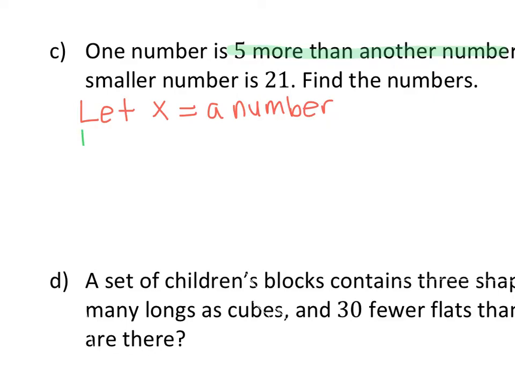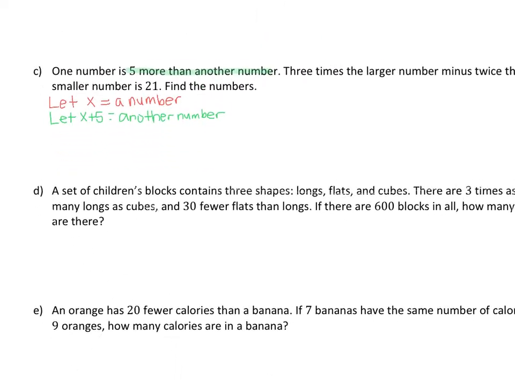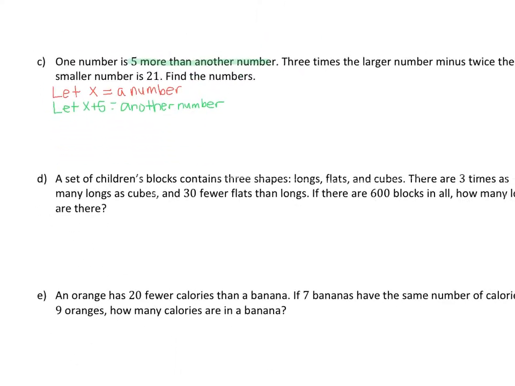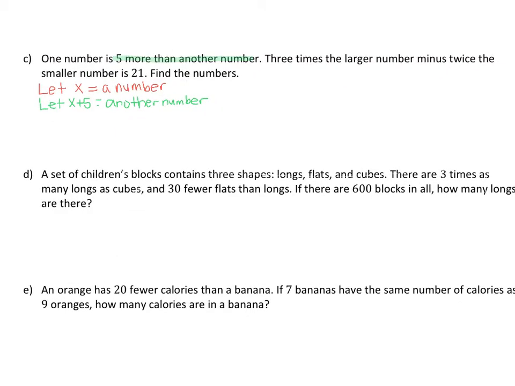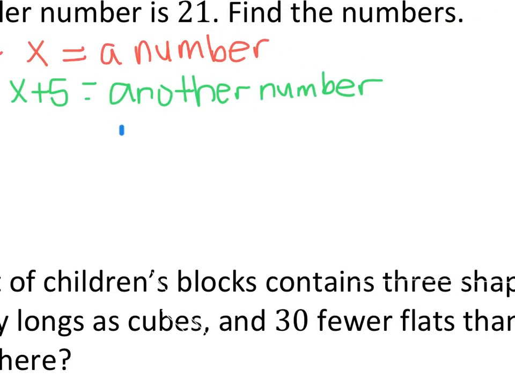So let's say let x plus 5 equal another number. 3 times the larger, which remember this one's the larger. We'll just make that notation here. So this one's larger.